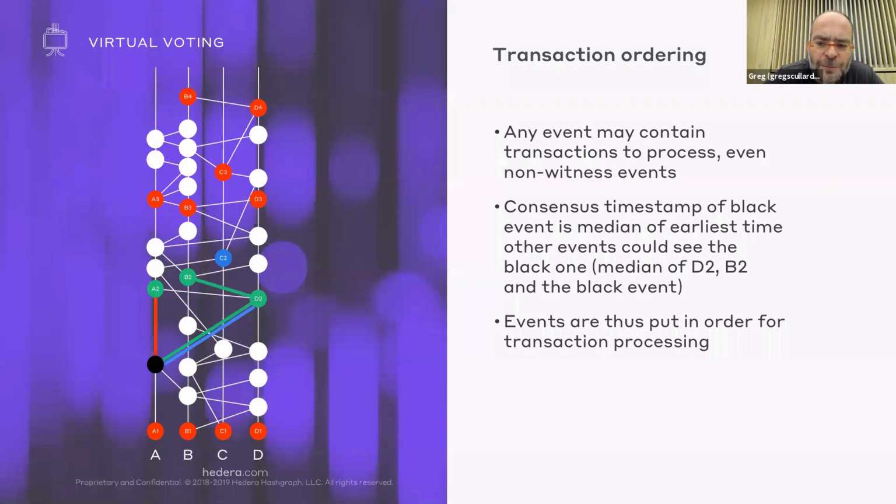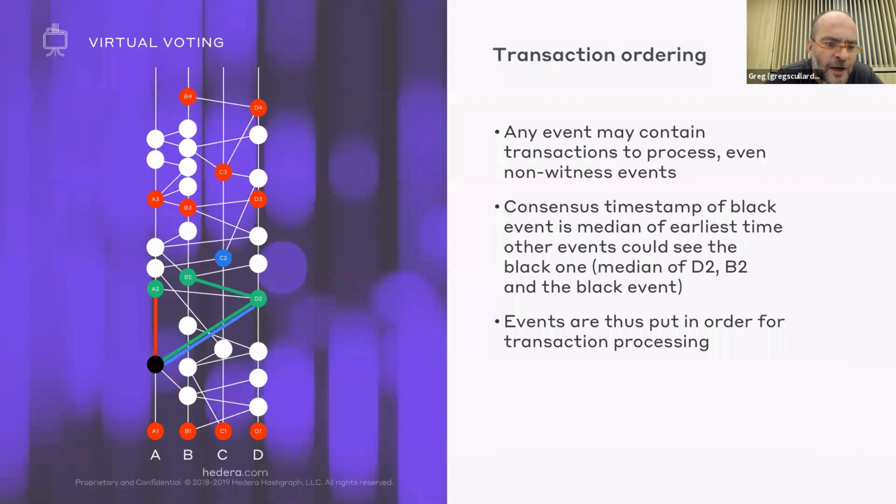Then by taking the median timestamp of all three events, we determine the consensus timestamp of the black event. So we take the median timestamp of the black event, B2 and D2, and that median timestamp becomes the consensus timestamp for that particular black event.